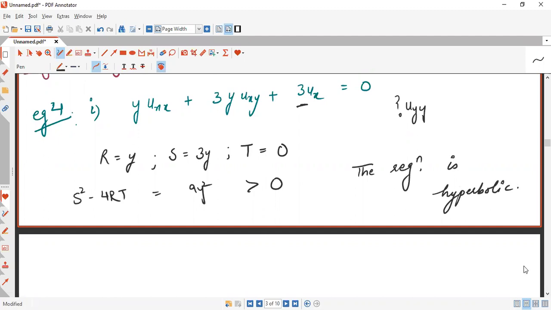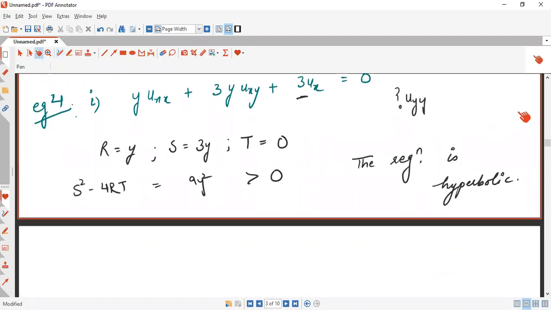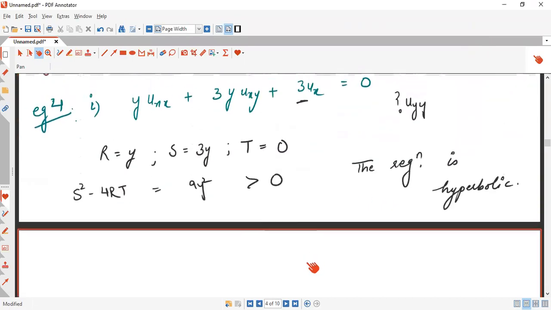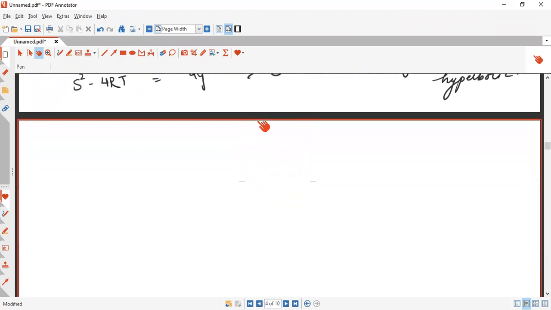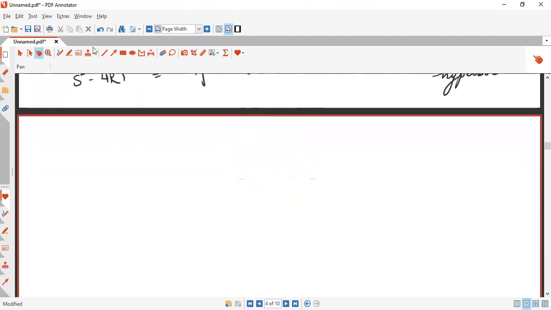Let's find the characteristic equation. So the characteristic equation will be r lambda square plus s lambda plus t, which is 0. Just the same steps there.